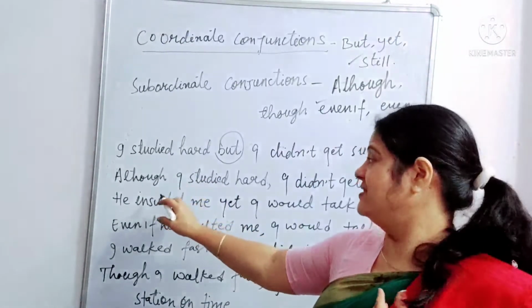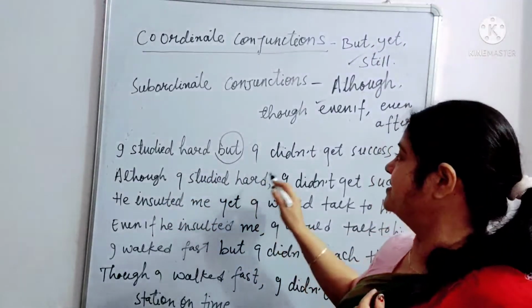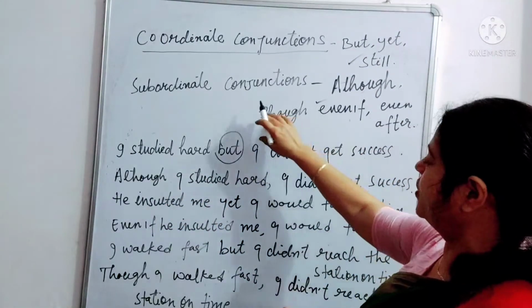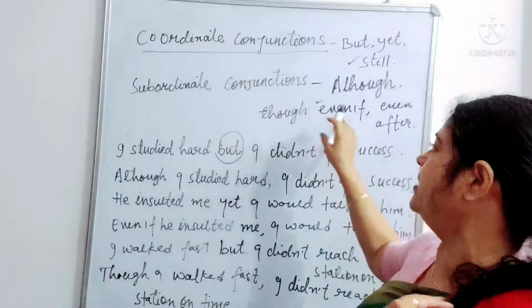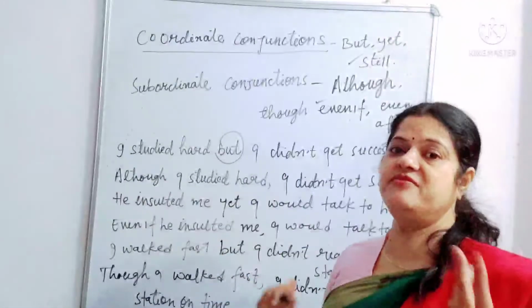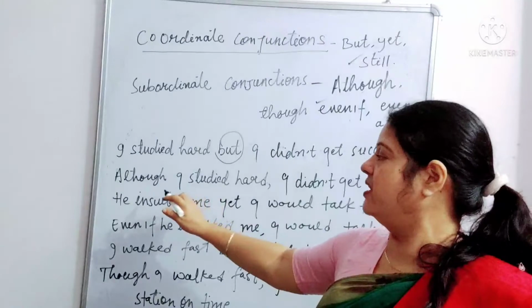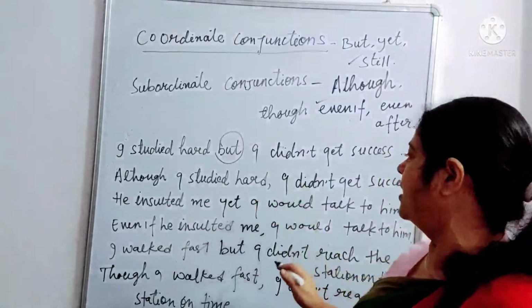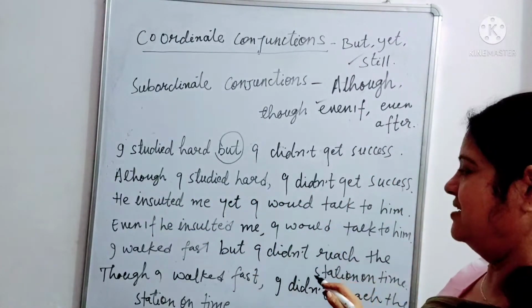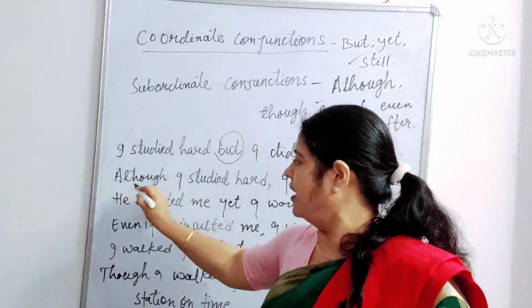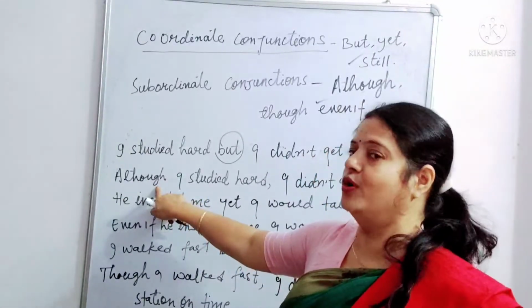But here we see the same sentence, and I am putting this subordinating conjunction in front of the sentence which is showing reason. It would become, although I studied hard, I did not get success. So here we see I have used the subordinating conjunction although.